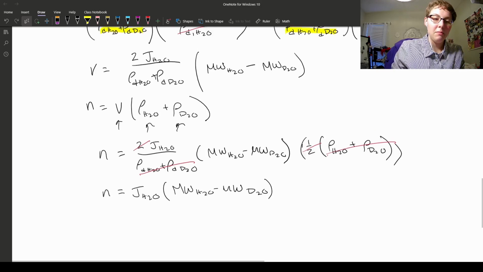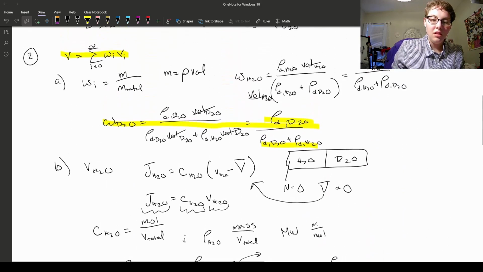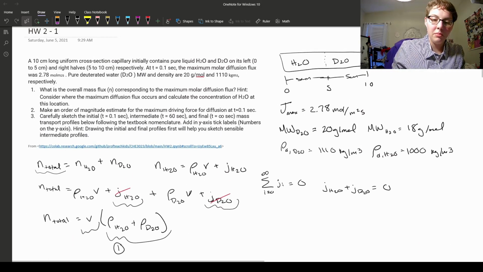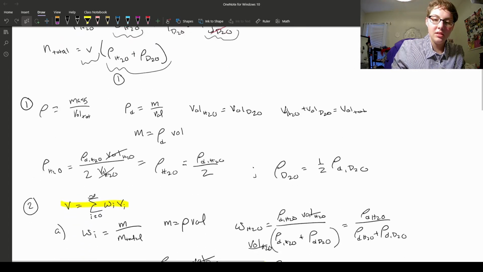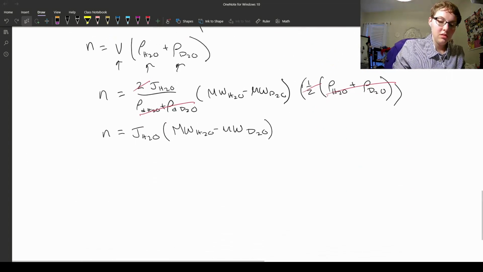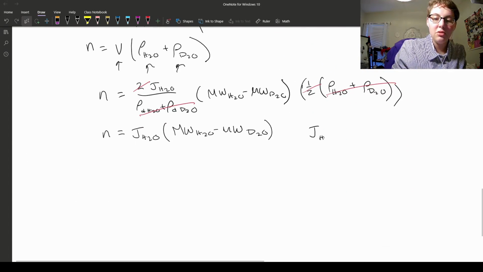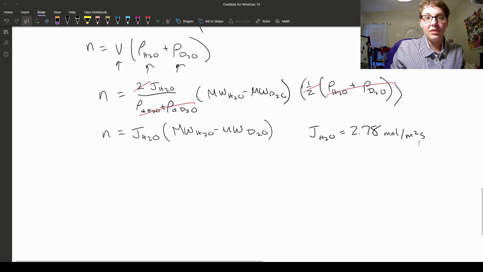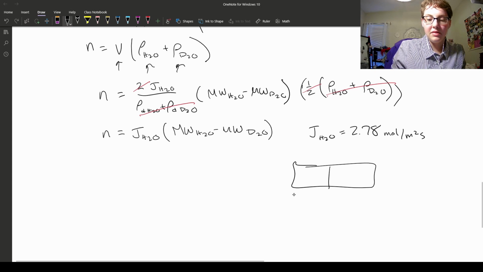So then we can go ahead and plug our numbers in. I'm going to have to go look at them because I don't remember them. The molar diffusive flux of H2O is 2.78 moles per meter squared seconds. And that one is positive because that's on our left side of the capillary from 0 to 5.